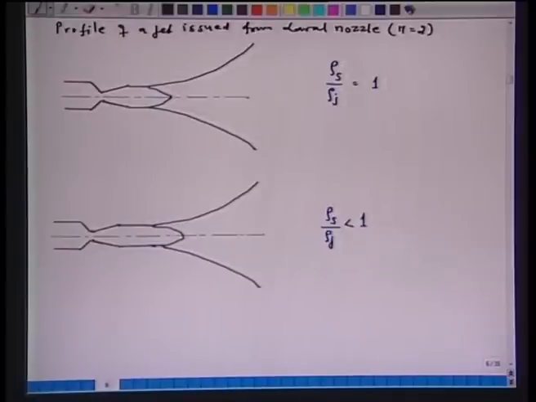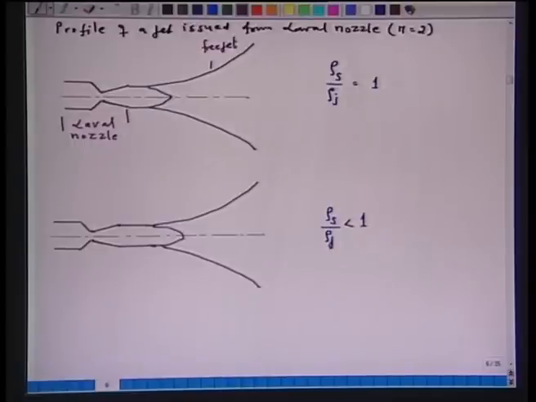Mach 2 means twice the velocity of sound, and the velocity of sound in oxygen is around 329 meters per second at 298 Kelvin. So, in this diagram, this is a Laval nozzle, and this is the free jet.